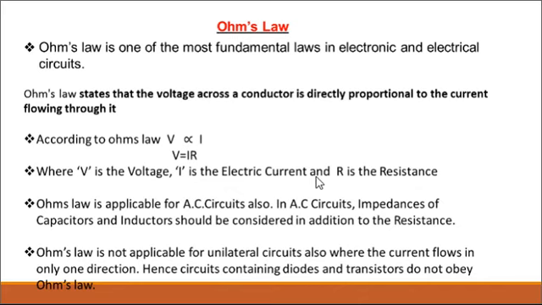And Ohm's Law is applicable for AC circuits also, and it is applied to impedance of capacitors and inductors, in addition to resistors.